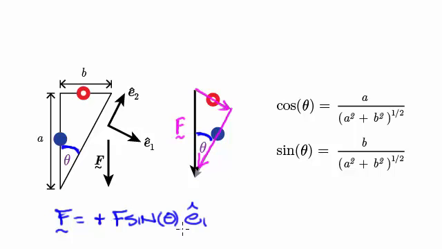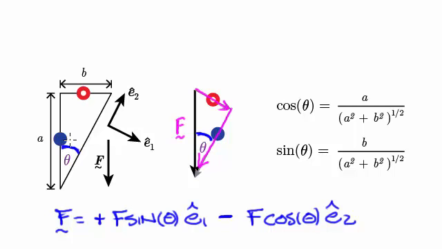And so that's the e hat 1 component. And then the e hat 2 component has a cosine, because that component is on the adjacent side of the triangle. And notice that the e hat 2 component is in the opposite direction of the e hat 2 basis vector, so I put a minus sign right there. So there's my decomposition in terms of theta.